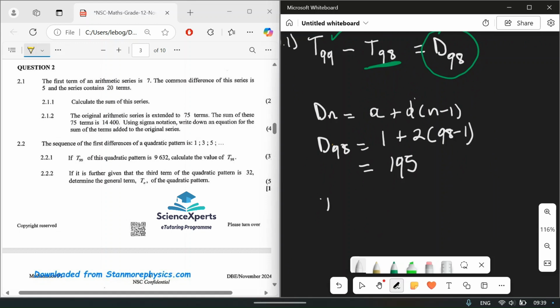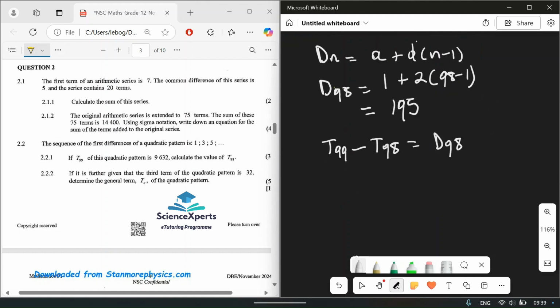So we know that T99 minus T98 is equal to D98. So T99 is 9632, minus T98, which we don't know, equals D98, 195.